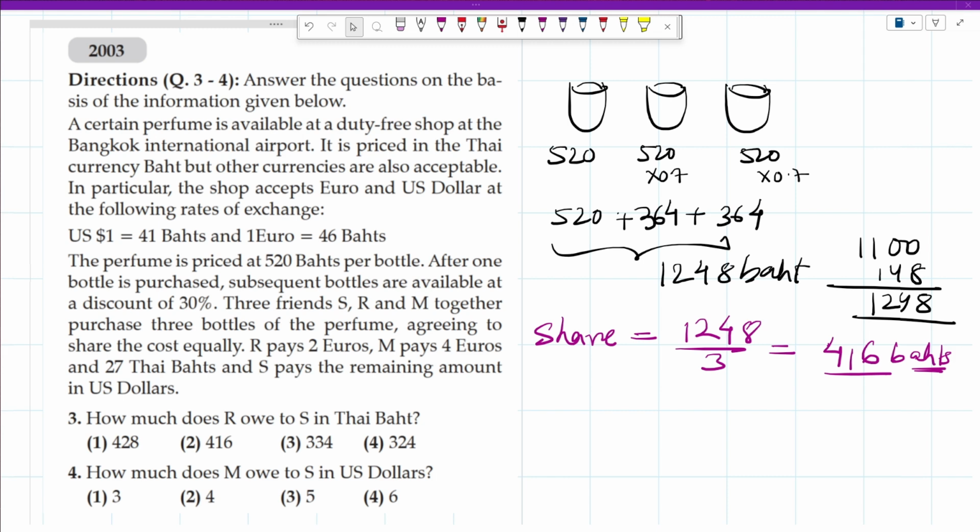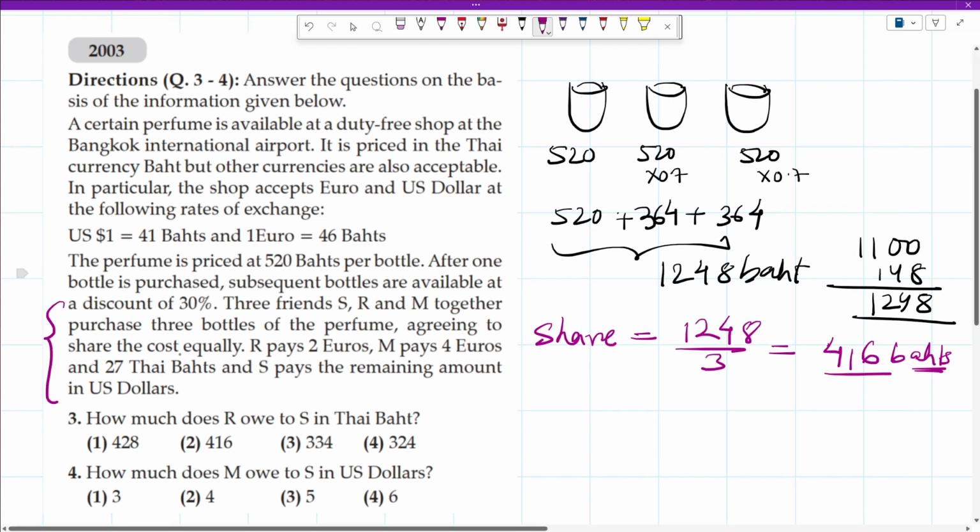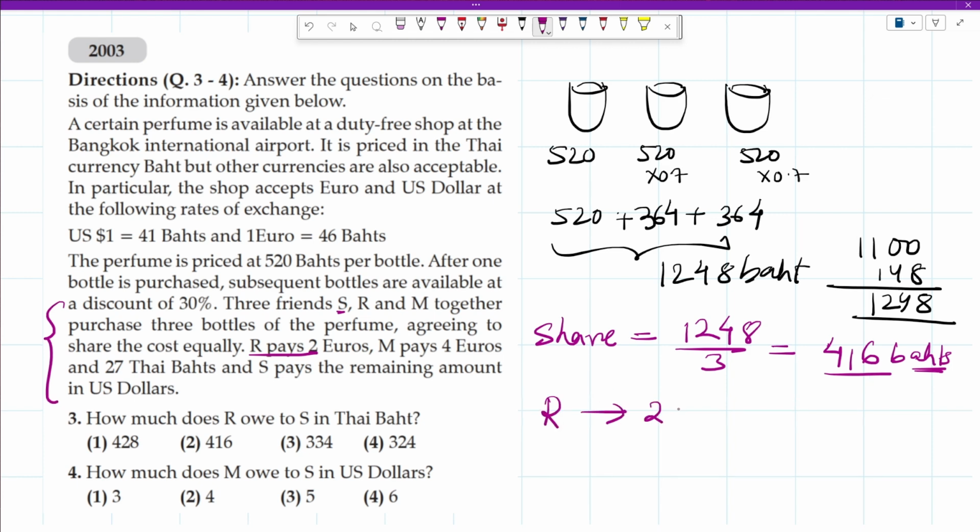Now the story continues. Let's start with R. R pays 2 euros, so he is paying 2 into 46, that is 92 baht. What about M, who pays 4 euros and 27?